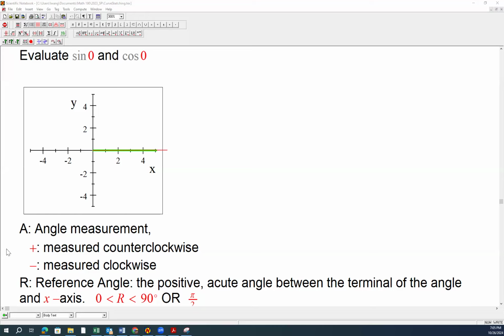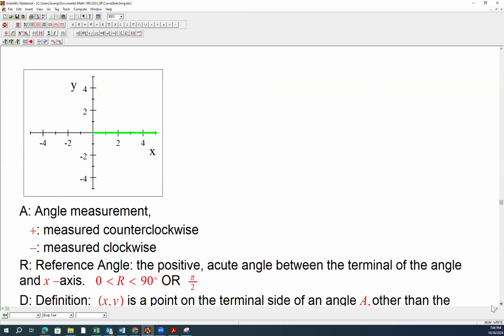Now, actually, if I move, that red line is going to shift. So by definition, this angle is a special angle.